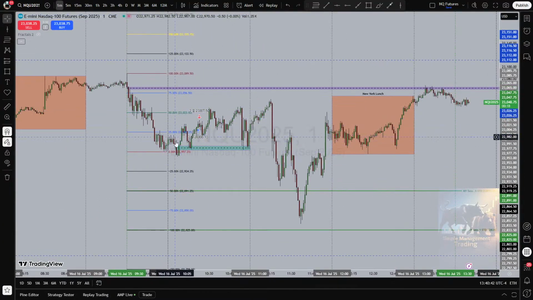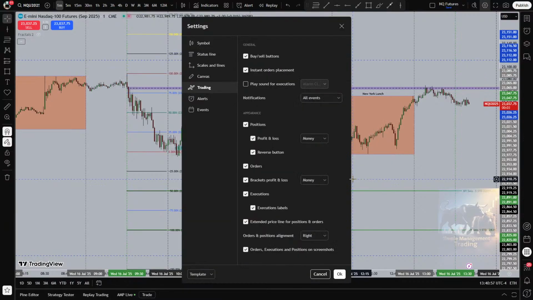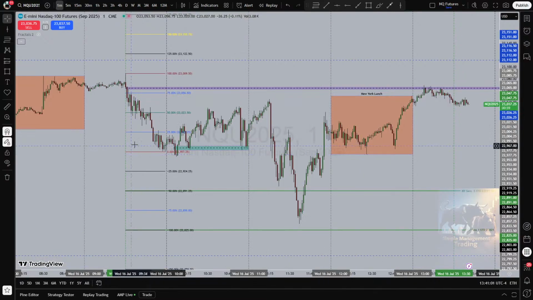But let's talk about this trade. Why did I take it? If I knew that it was going short, why did I decide to look for my scalp to go long? Well, it's very simple. Let me remove that trade so I don't have that much in my chart. So you see the 9:30 range creates the low.